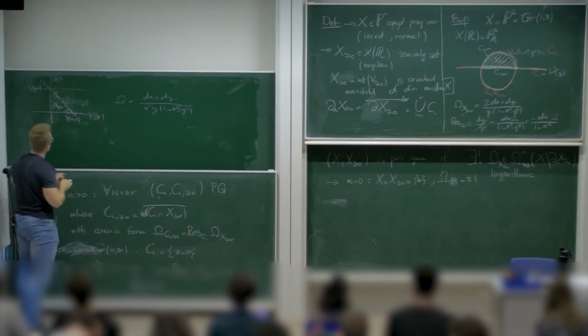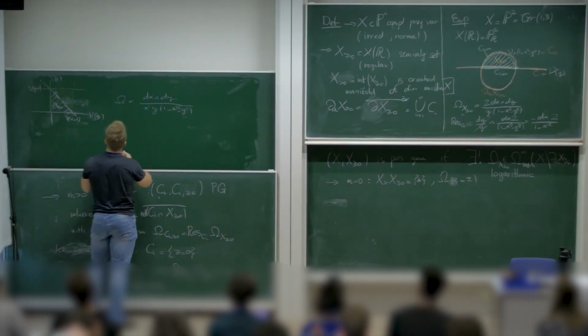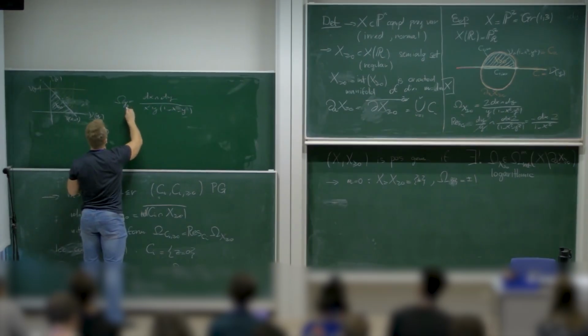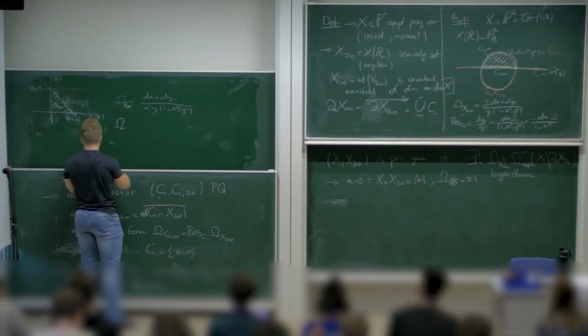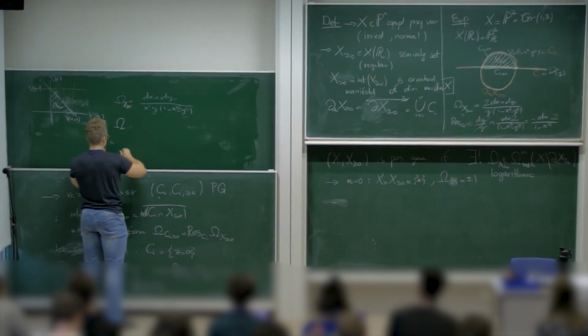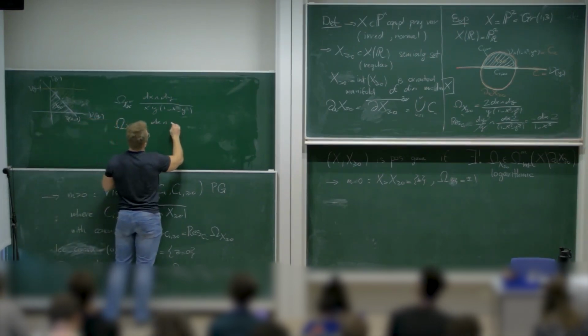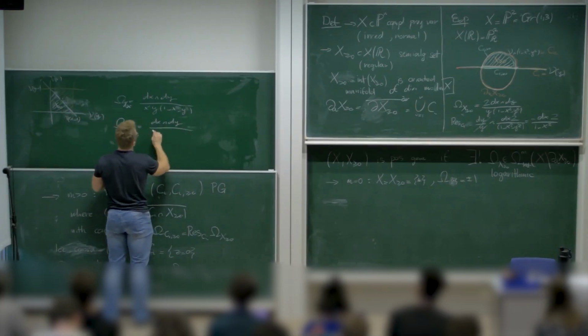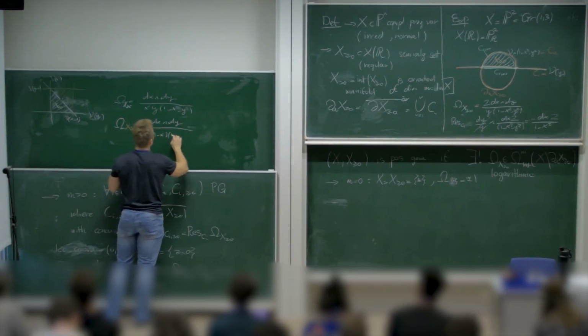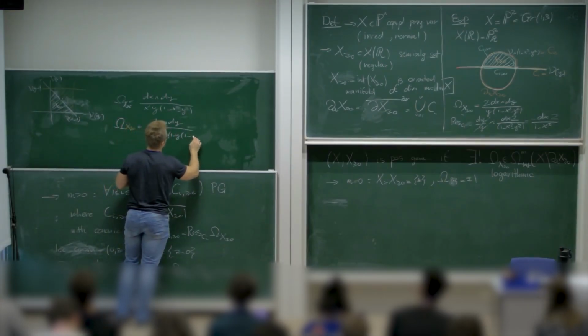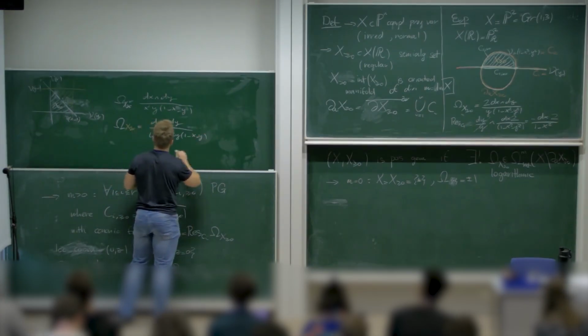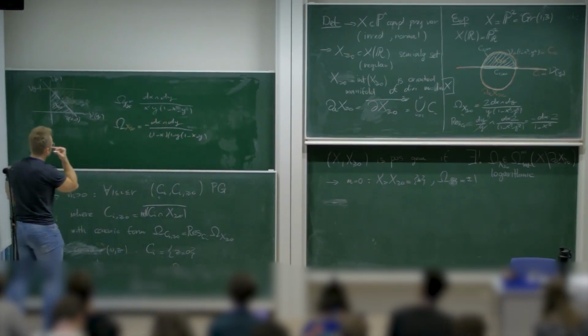The form of the orange thing, so is the white, and the form of the orange thing is 1 minus x, 1 minus y, minus x minus y. So we have these two forms.